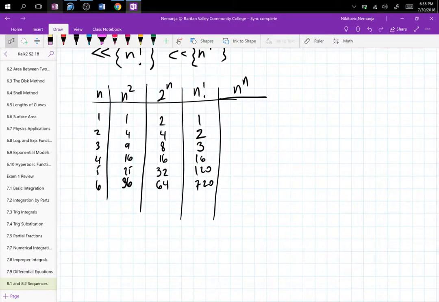N to the n. I have to use an abacus for this because these numbers are going to get huge. Obviously 1 to the 1 is 1 and 2 squared is 4. And then we need 3 to the 3. Like 3 to the 3, that's 27.